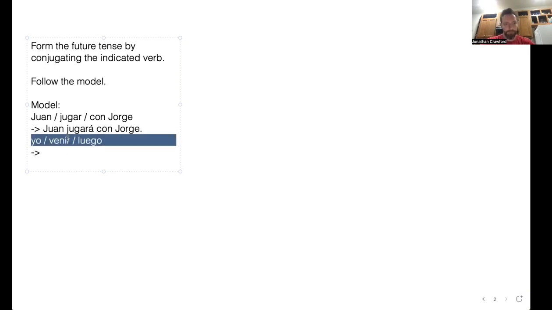It'll wind up being yo. So make sure it's a capital Y when you turn it into a complete sentence. Yo venir can only turn into vendré. Yo vendré luego. I will come later. Okay. Now let's just do like 6 of these.